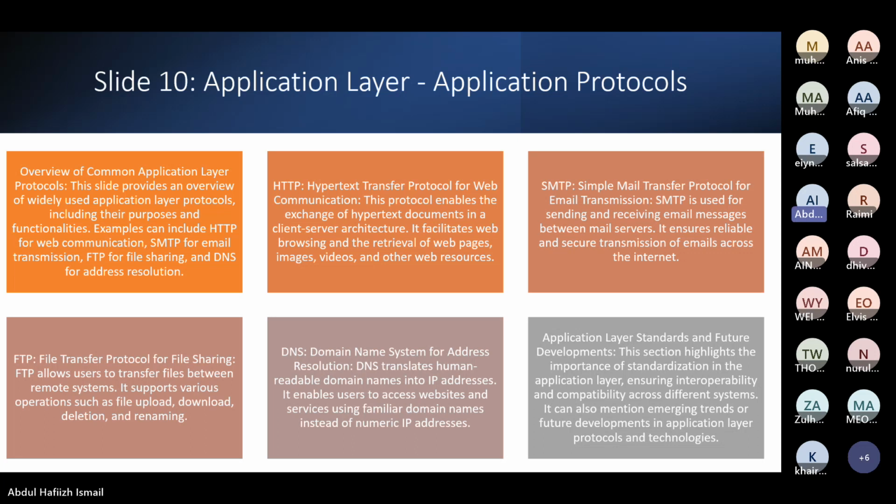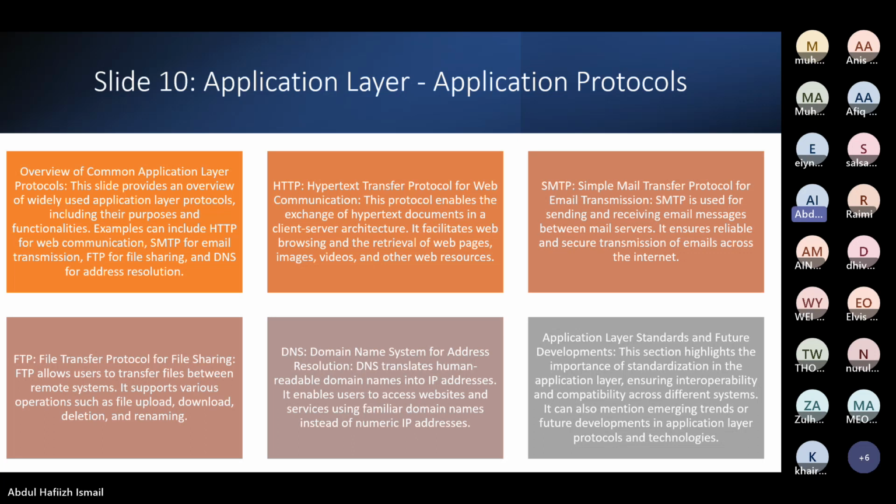SMTP enables the exchange of emails between mail servers, ensuring reliable and secure delivery across the internet. It handles the routing and delivery of email messages from the sender's mail servers to the recipient's mail servers.